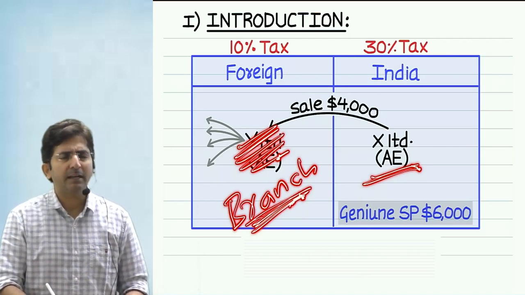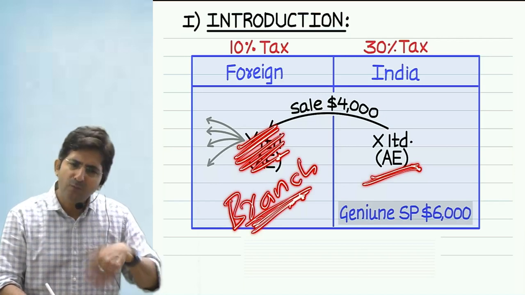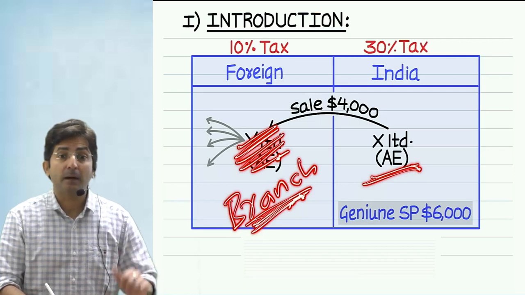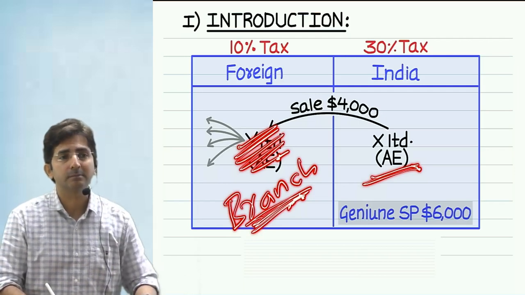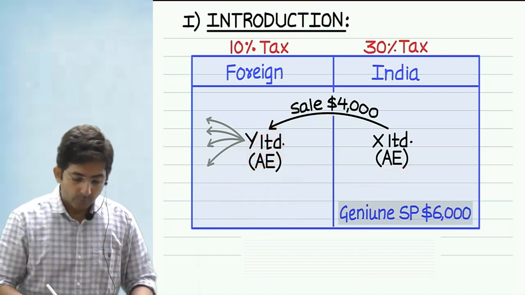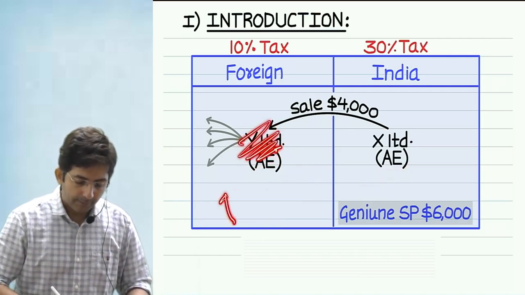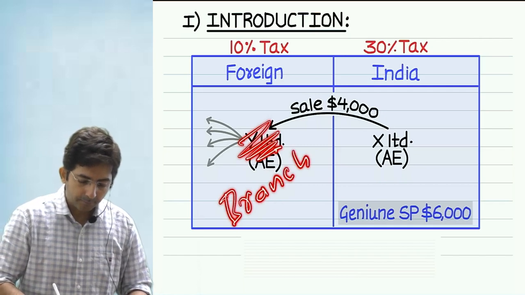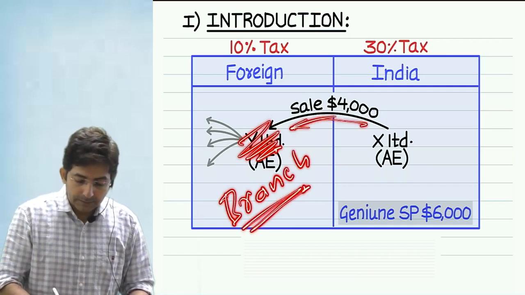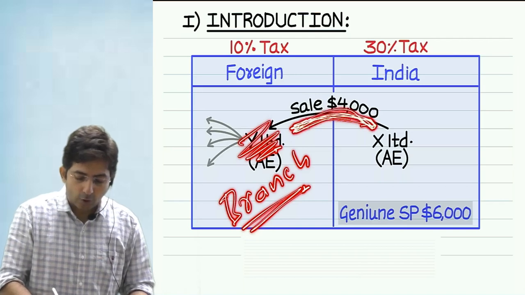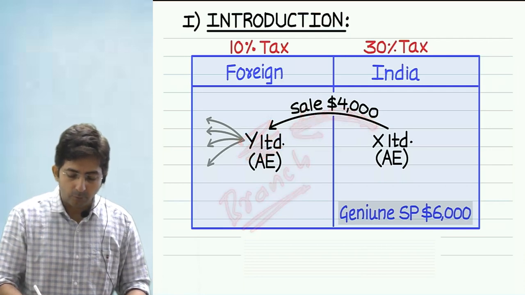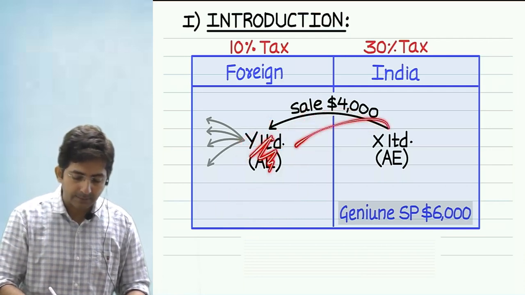If I have say 100 branches, I will file only one return. But if I form 10 companies, I will file 10 returns. That is the importance of a company I am saying. So tell me, what if instead of Y Limited, X Limited had a branch? Then this transaction cannot become a different transaction, because then it will amount to goods sent to branch.